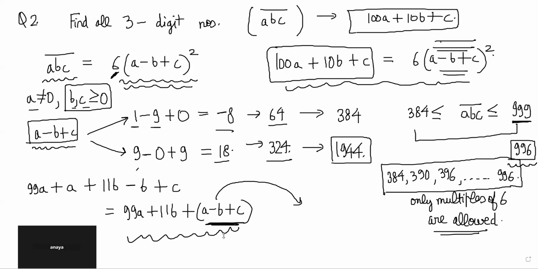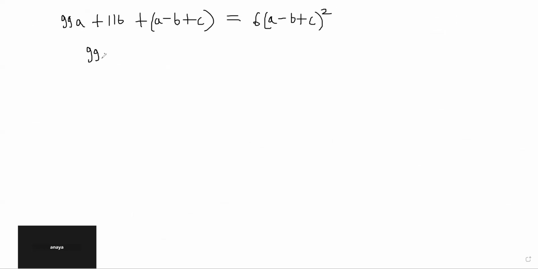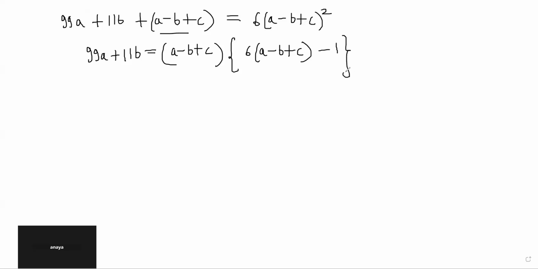Because then I will be able to take A minus B plus C common. So I will say it is 99A plus 11B plus A minus B plus C is equal to 6 times A minus B plus C whole square. So I can say 99A plus 11B is equal to, bringing this to the other side and taking A minus B plus C common, 6 times A minus B plus C minus 1.